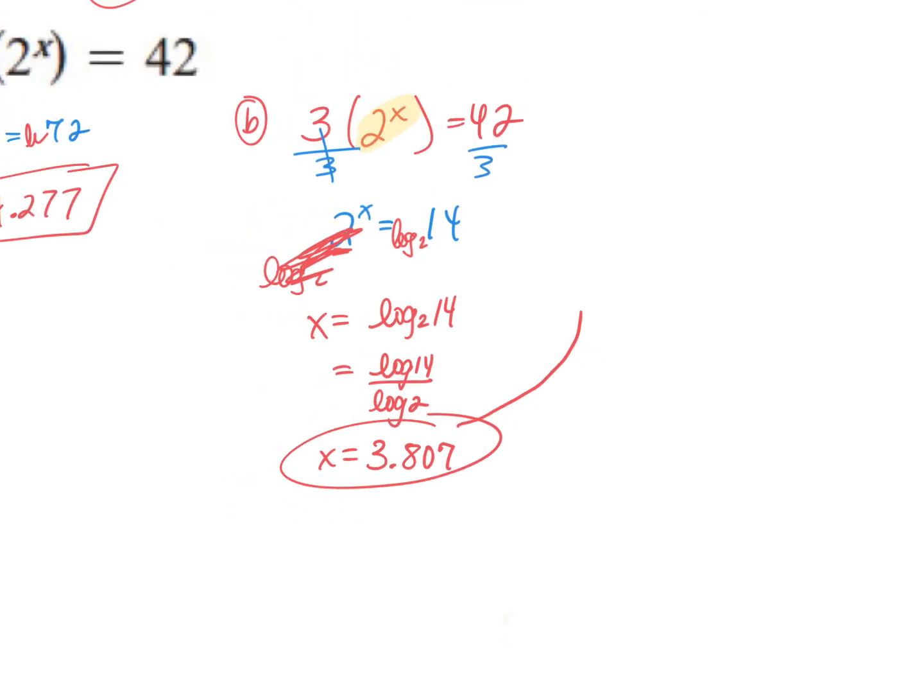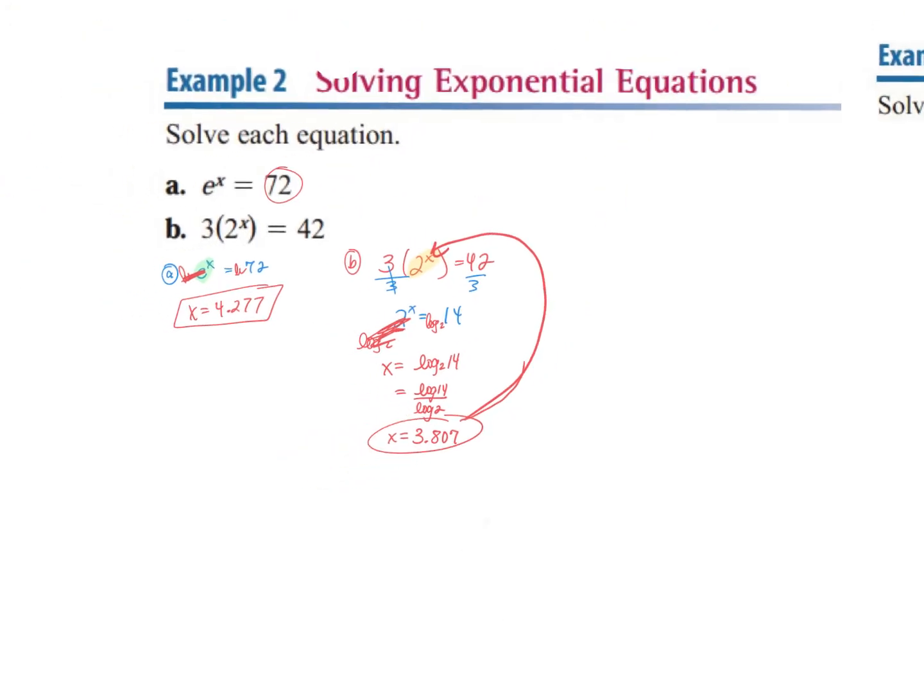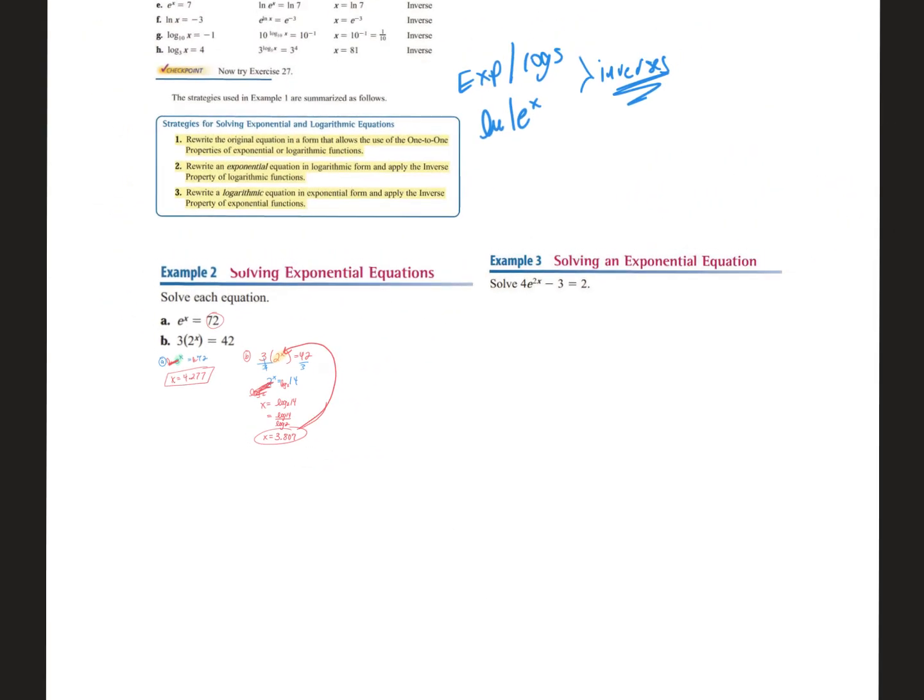Take this and put it right back in right there. So you would hit in your calculator e, parenthesis, raise it to the 4.277, close your parenthesis, and hit equals. What do you guys get? Every single time you guys get an x equals, you can plug it back in and make sure that your answer is correct. Does that make sense?